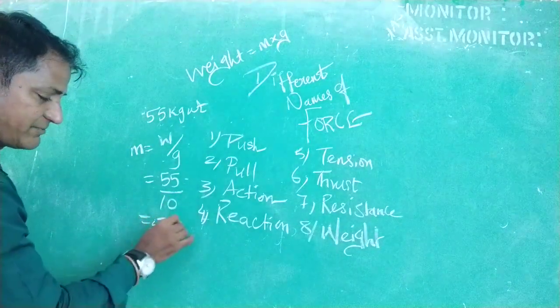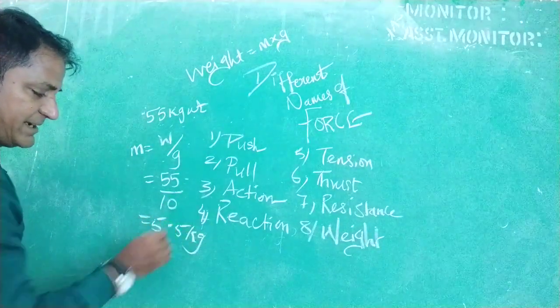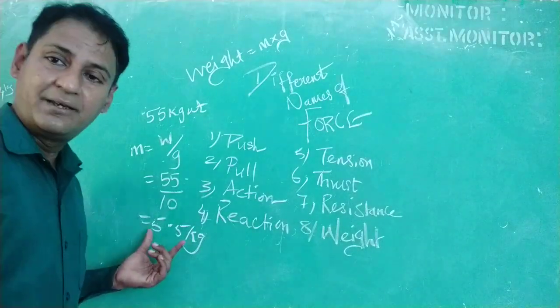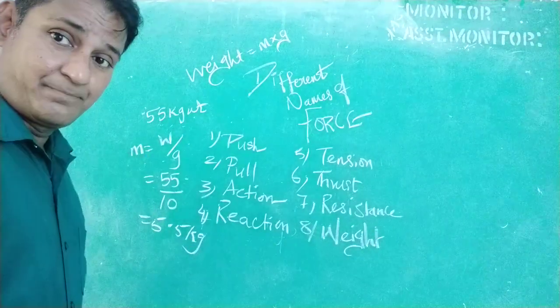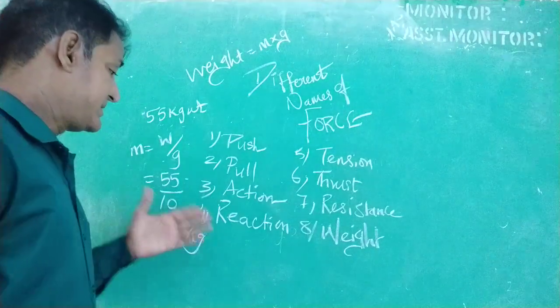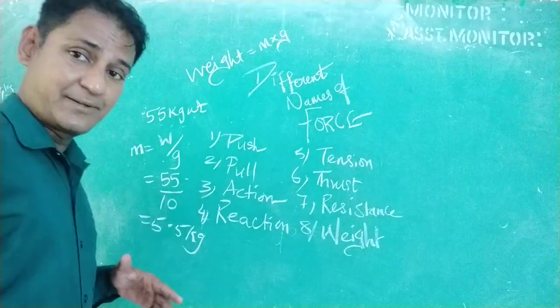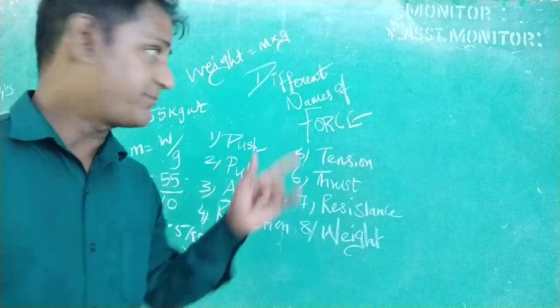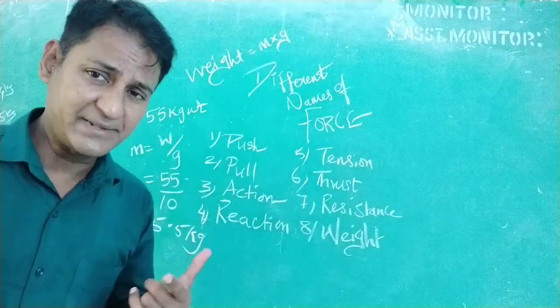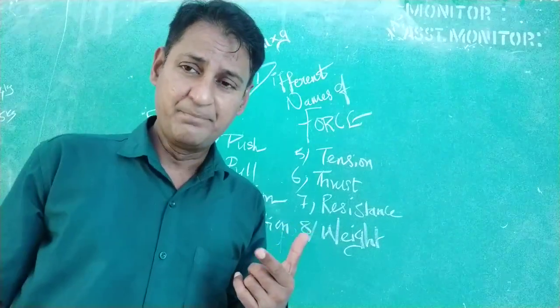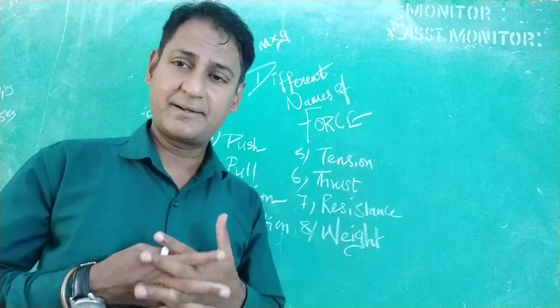So my mass will be 5.5 kg. See, weight is nothing but the product of mass and gravity. But mass is different, right? I said already, it is the quantity of matter contained in your body.